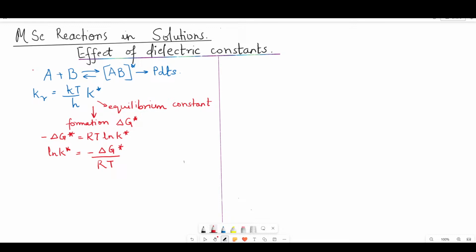When we want to change ln into exponential form, we can write K star is equal to e raised to minus delta G star divided by RT.